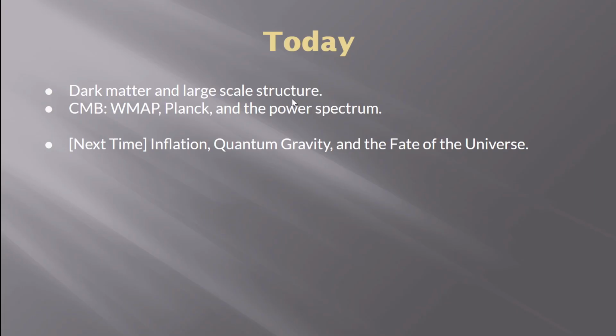And then we're going to build off of what we were covering two weeks ago with respect to the discovery of the cosmic microwave background by Penzias and Wilson, which was later confirmed by COBE. In particular, we're going to talk about the temperature variations that were found in the CMB, which relate to this previous bullet point, in fact, and then how that has changed to some extent from WMAP to Planck, and then discuss the power spectrum.